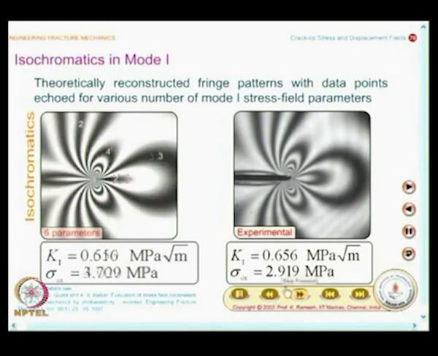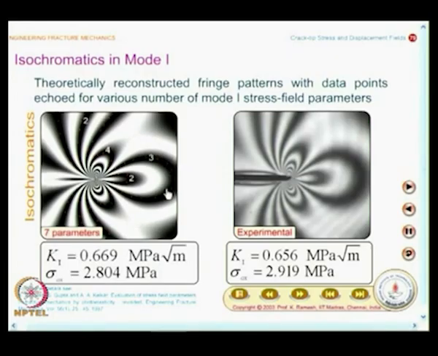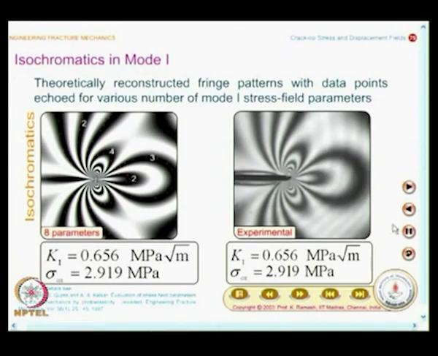It is going for 5 parameters. At 6 parameters, you know, the contours match. You find 7 and 8, there is hardly any change. So, beyond 6 parameters, the complicated fringe contours which you observed in the experiment are very nicely captured by your post-processed results, and the final values of K1 and sigma naught x are given here.